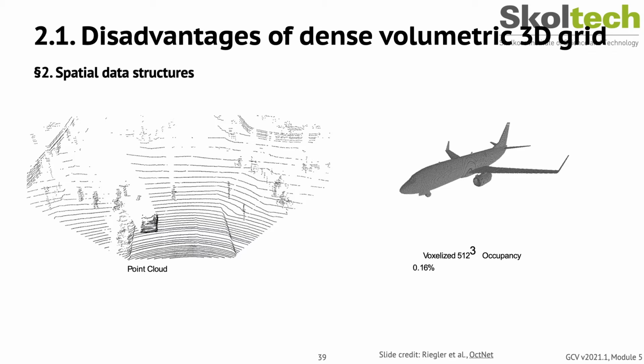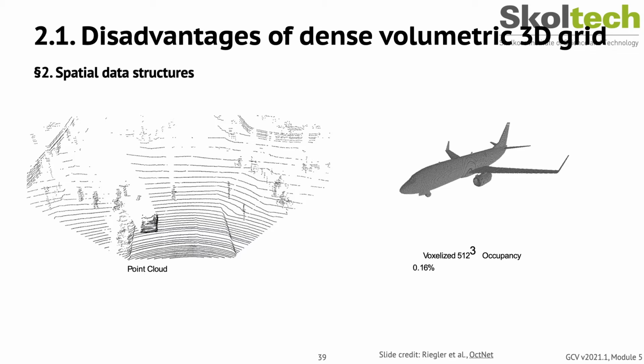At high resolutions, such as 512 cubed, the shape is very well represented. However, the amount of memory spent in the dense volumetric grid has significantly increased, and the efficiency of storing the actual data has been significantly degraded. Only a fraction of a percentage of the volume is actively occupied.